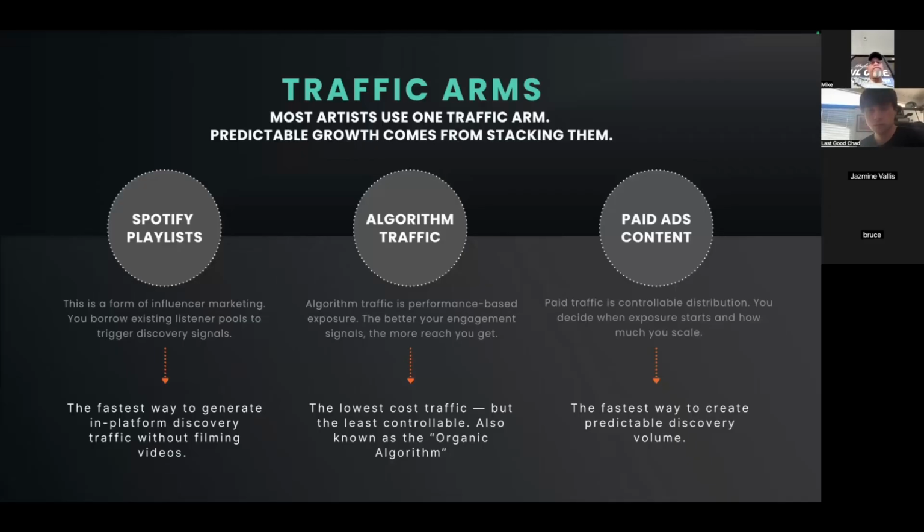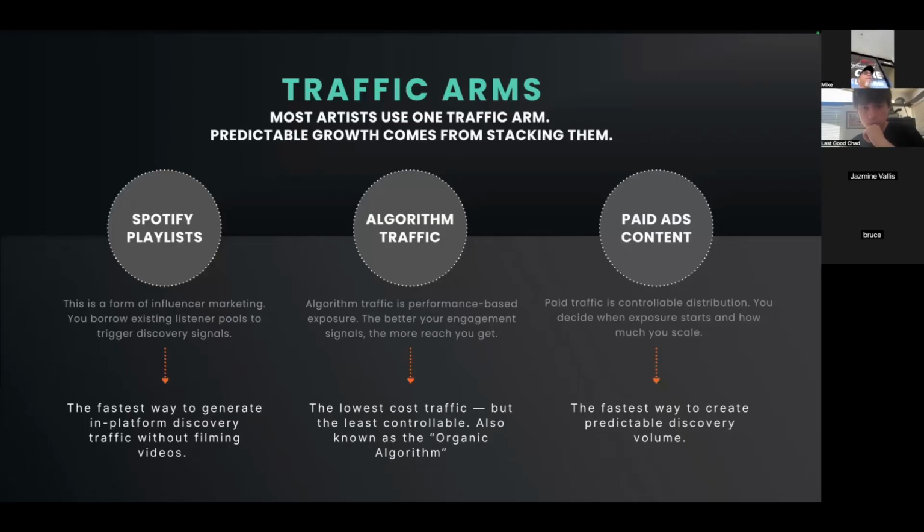But this is borrowing an audience. And I told you there's two ways: you can borrow an audience or you can own an audience. So next is algorithmic traffic. This is performance-based exposure. Usually this is activated through Instagram or Spotify, right?